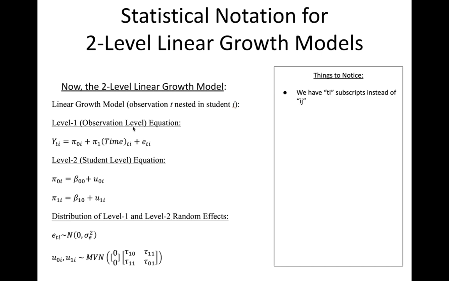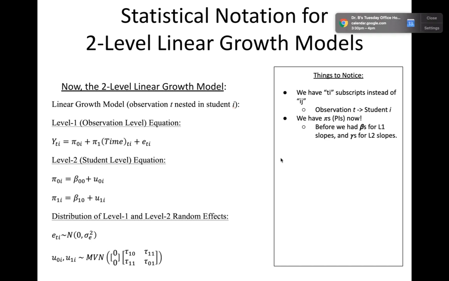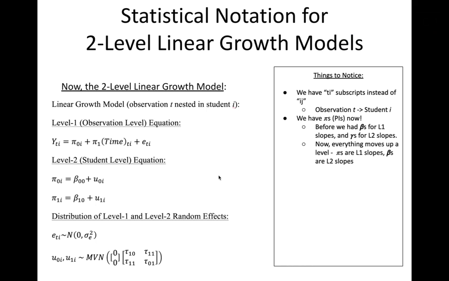The level 1 equation is at the observation level, so these are observations that are nested, in this case, within students. Those coefficients at the bottom level are pi's. Before it was betas, and then it was gammas. So here we have pi's, and everything basically moves up a level. This is stuff that we talked about two weeks ago.